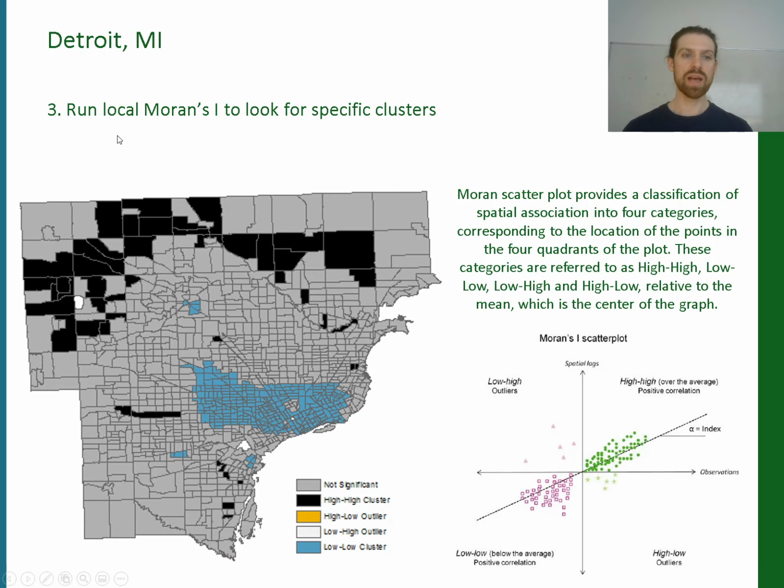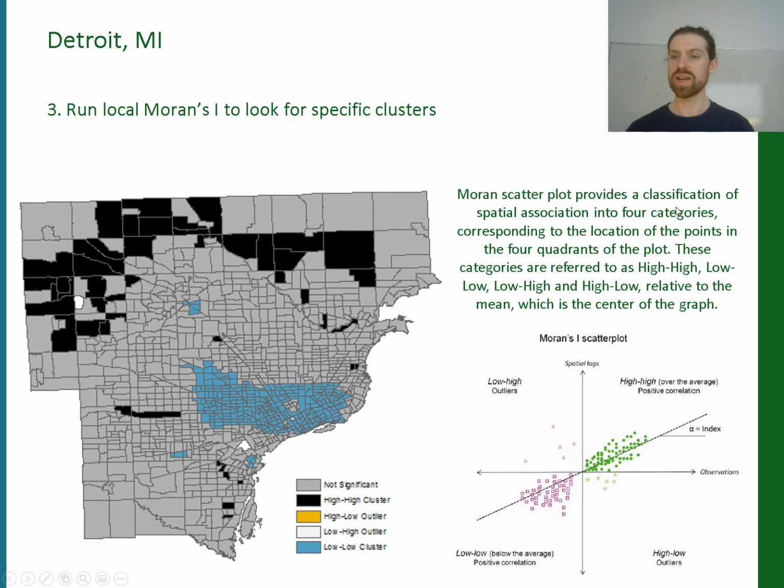That was at the global level, I believe. So now we're focusing on the local level. For local Moran's I, we're able to look at specific clusters, okay, where we are able to find significant differences relative to the level of the observed variation that we might have. So this is just providing you with a Moran scatter plot here.